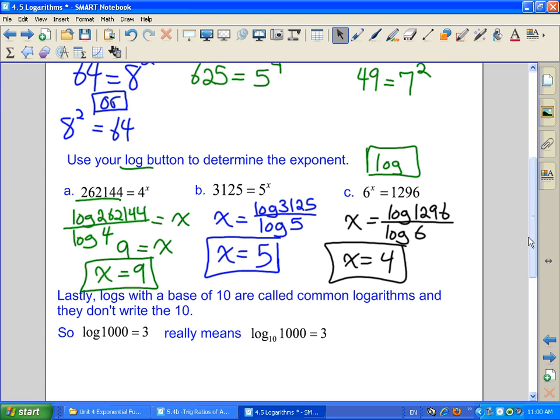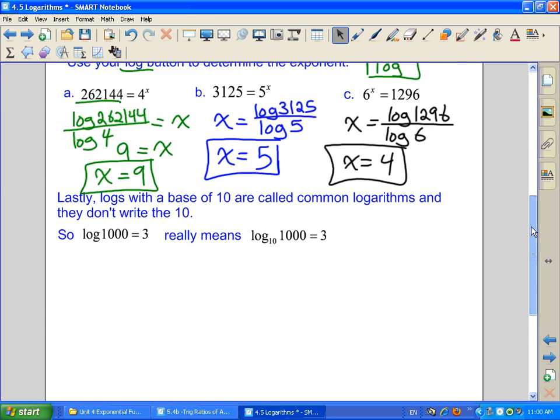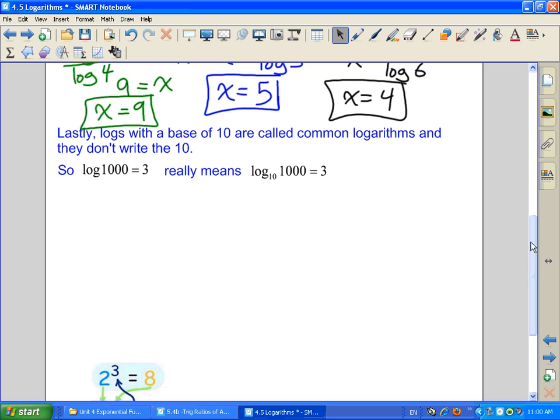All right, last thing we're going to mention, ladies and gentlemen, before we get done here, is that logs with base of 10 are what we call common logarithms, and they don't write the 10. So for example, log of 1,000 equals 3 really means log base 10 of 1,000. Just want to make sure you realize that 10 is the base here, and that's the same here.